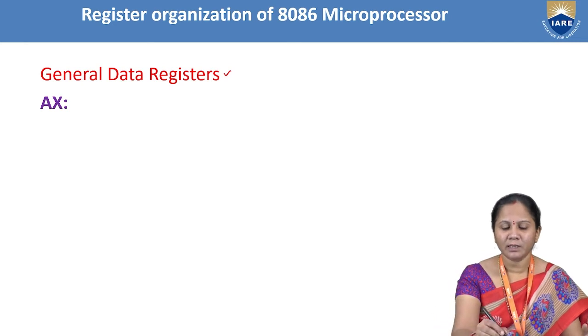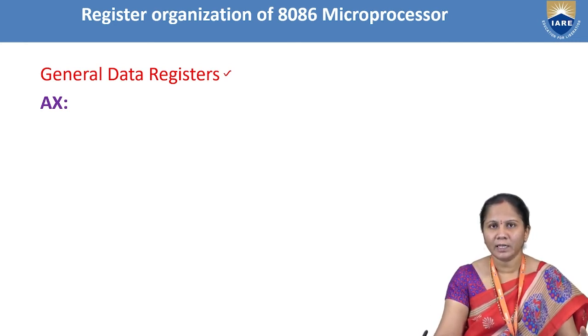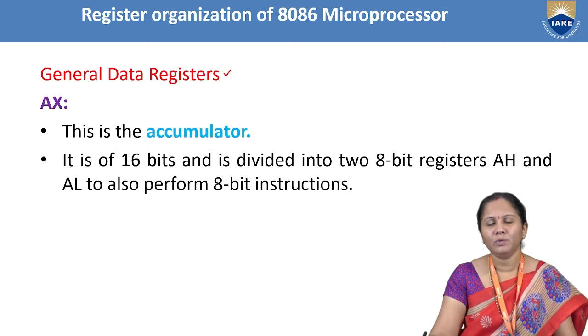So first comes here general data registers. So here in the general data registers, first one is AX. It is a 16-bit register. If you wanted to use as 2 8-bit registers, we can use it as AL and AH. So AL represents the lower order 8 bits and AH represents the higher order 8 bits.